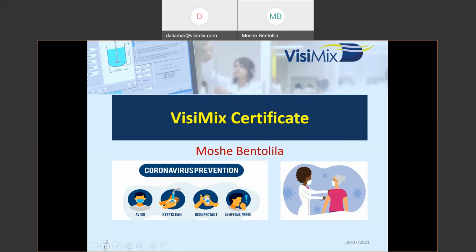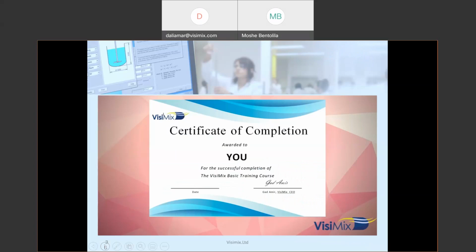So this is the certificate diploma that you will get, the certification you will get once you finish the whole process. And the main idea is we upload on our website seven different cases that will provide you the data.